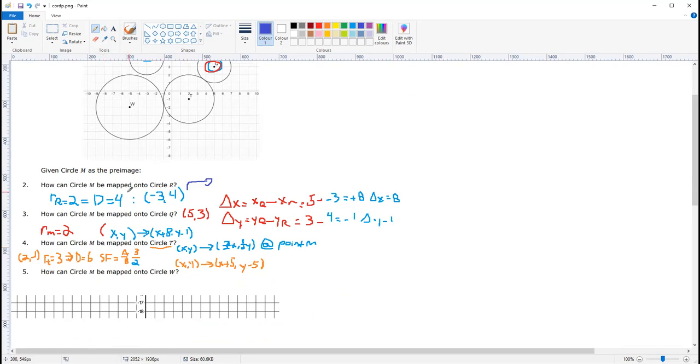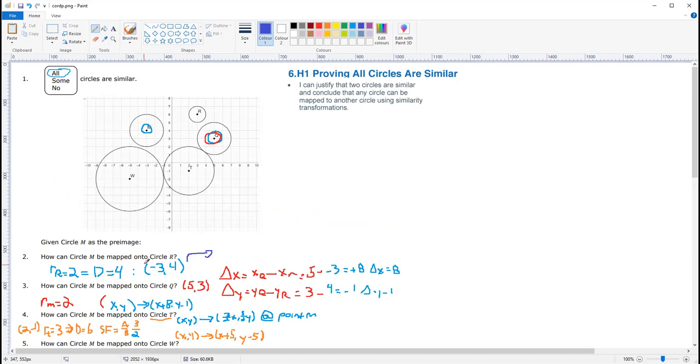All right, so then W for circle M. Circle M, we're gonna have to translate. Looks like 1, 2 over. So your delta X is gonna be -2, and then down is gonna be 1, 2, 3, 4, 5, 6, 7.